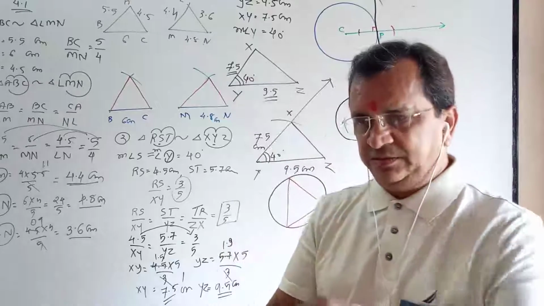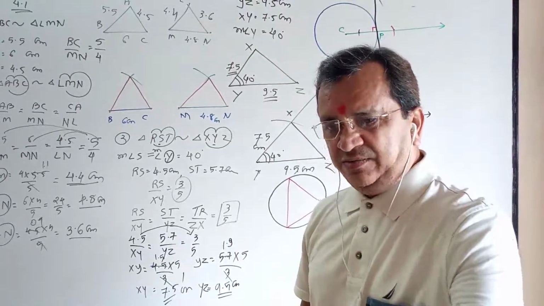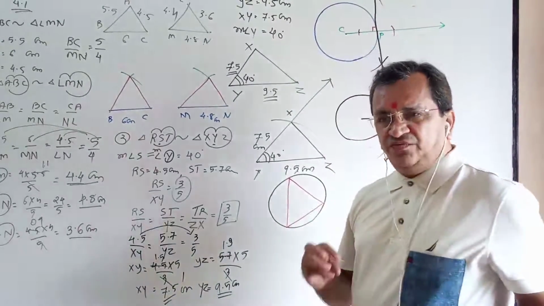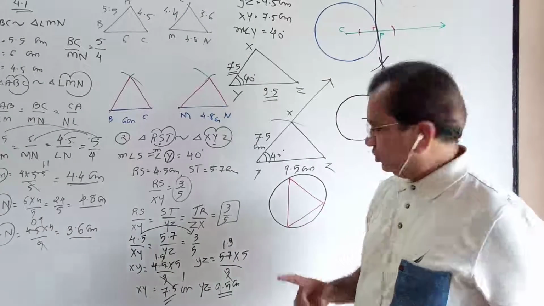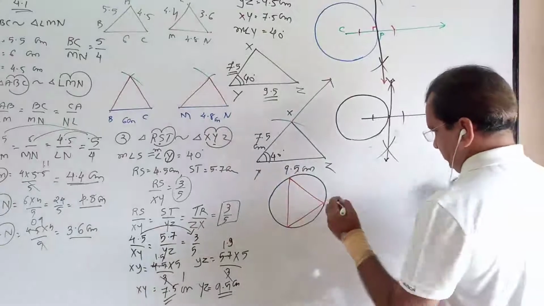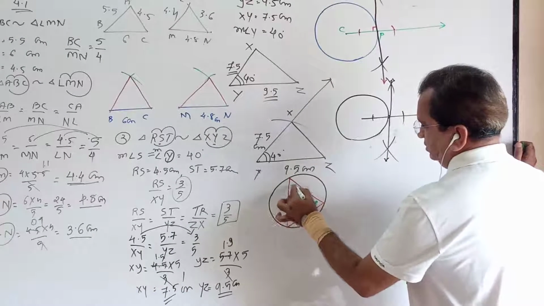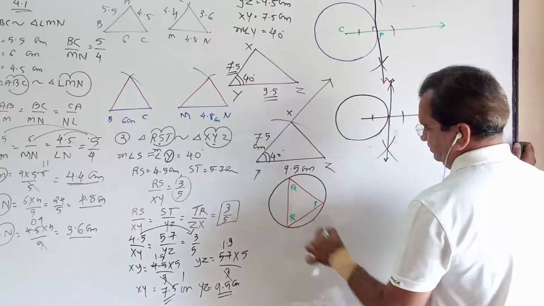Correct. Now we will use the inscribed angle theorem to draw the tangent from this. This is P, this is Q, this is R.